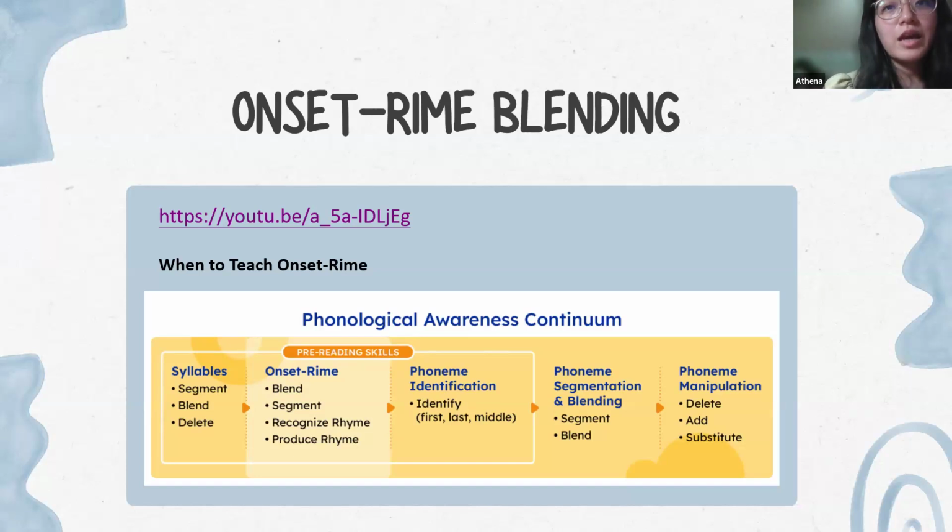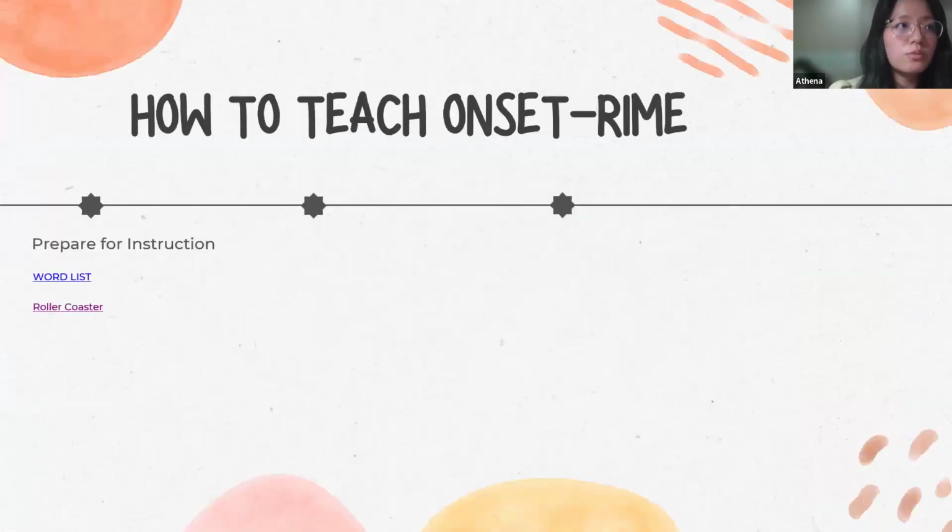What is manipulation? They can delete, add, substitute, change, and create words. Sometimes we use nonsense words to help students create words or put sounds together. So this is the stage of how students build up their phonological awareness.